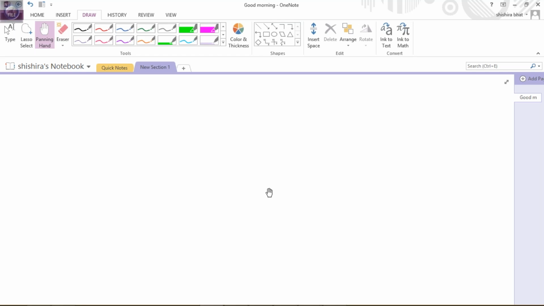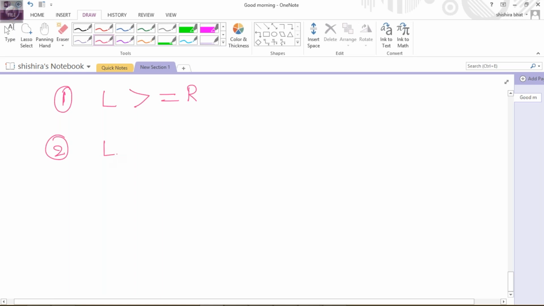That's why Java people made a second rule. Rule number one says left side should be greater than or equal to right side, or if by chance left side is smaller than right side, then you must use something called casting.